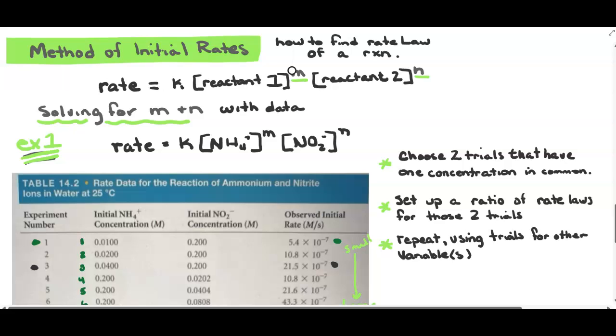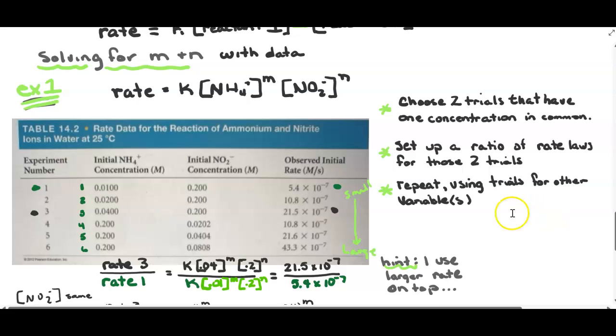So the first thing we do is solve for those exponents. I don't know why they're called m and n instead of a or b or whatever, but they're called m and n normally, and we can look at a series of initial concentrations. The initial concentration in this reaction is for the reaction of ammonium with the nitrite ion. And so what we do is we start, first we're going to have 0.01 molar ammonium ion and 0.2 molar nitrite ion.